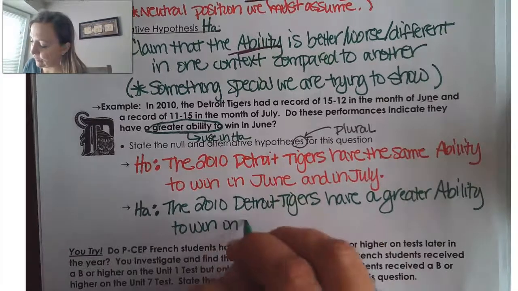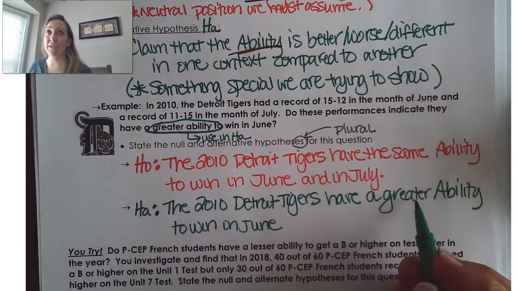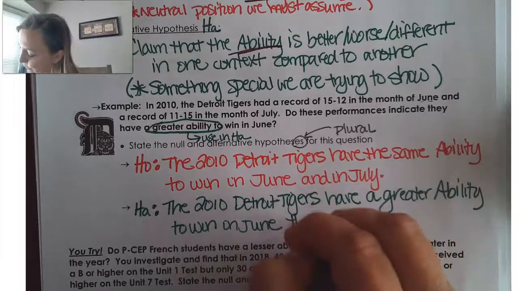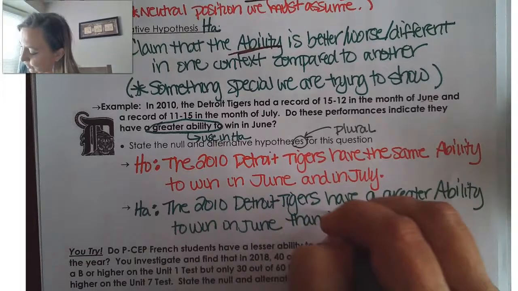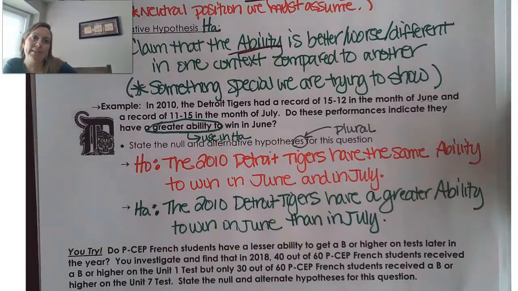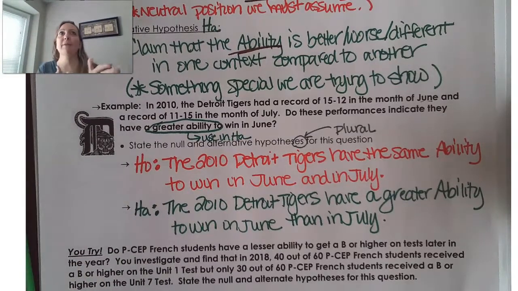So in June, and then instead of "and," because when you compare, something is greater than something else, we're going to say to win in June than in July. So the null and alternate hypotheses are going to look very similar to each other, except one talks about having the same ability, the other one talks about having a different ability. So again, they're always going to look pretty similar.